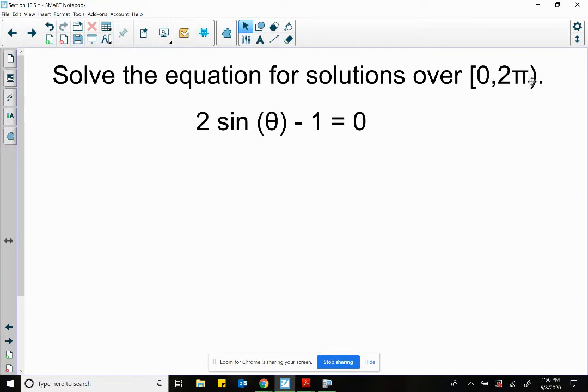Make sure you pay attention to this because they like to switch this around. Sometimes I like to keep it in radians, and sometimes they will switch it back to degrees, so it'll say 0 to 360. Notice that we include the 0, but we do not include the 2 pi or 360. All right, so go ahead, pause the video, give this one a shot. Get the trig function by itself and then run inverse trig. That's all you've got to do. And go.